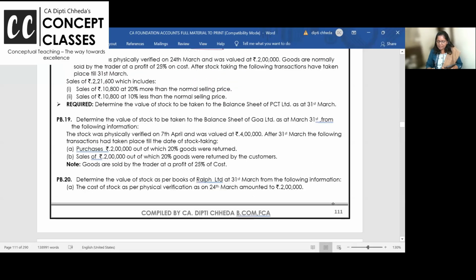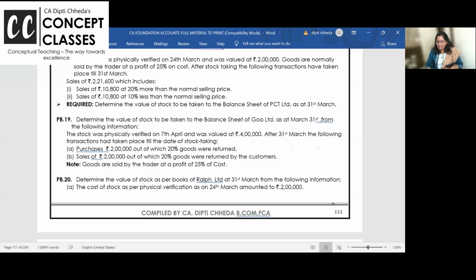Let us read the 19th question and do it with me. If you have any doubt, you can ask. Determine the value of the stock to be taken to the balance sheet of Goa Limited. Stock is verified on 7th of April after 31st March. Now, whatever are the purchases after 31st till 7th, they are part of the 7th stock, so you have to minus them.